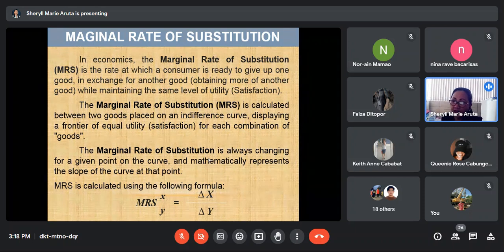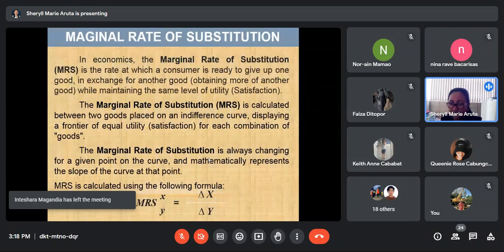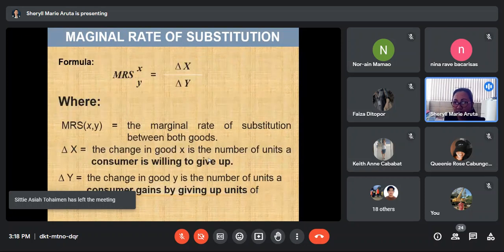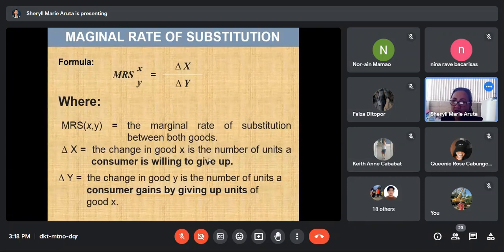The formula is: the marginal rate of substitution of x and y is equal to change in x divided by change in y. The change in good x is the number of units a consumer is willing to give up.